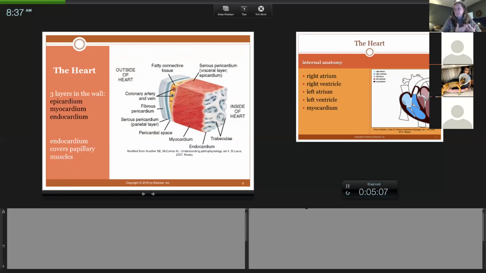But someone asked me once, well, what if you don't have enough fluid? We don't deal with that condition as much, but if for some reason it wasn't producing enough fluid, then that pericardium would stick to the heart, and it would become what's called an adhesion. Whenever you lack fluid in a cavity, you get adhesions where things stick together.